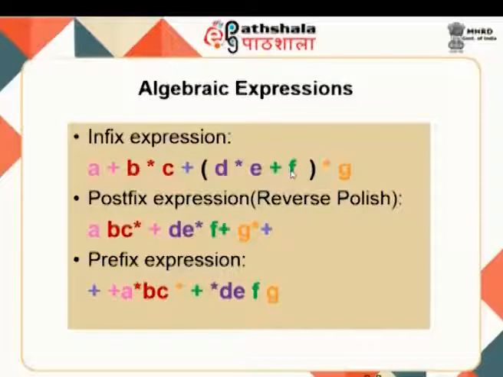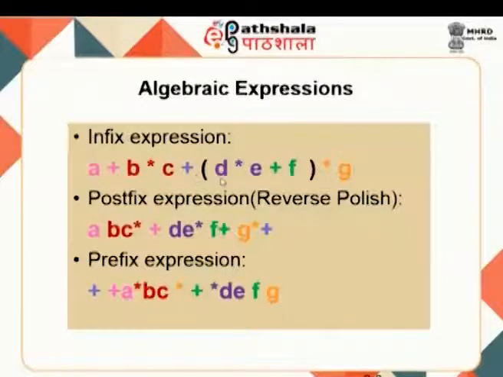In this expression, the order in which the operations are done is: d into e is done first, then f is added to it, then b star c is done next, and then this expression into g is done next, then you do the addition of a and this part to that part. So, there is a particular order: this operation first, this operation next, this operation third, this operation fourth, this operation fifth, and this operation sixth.